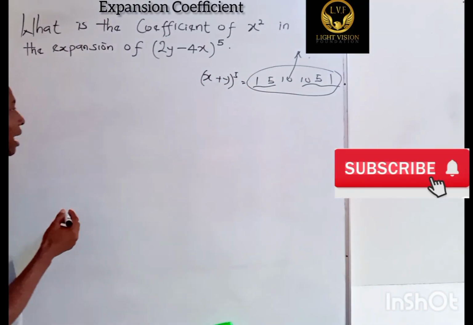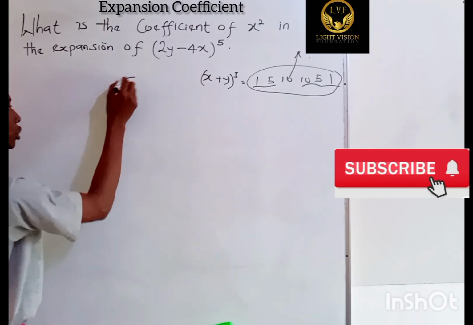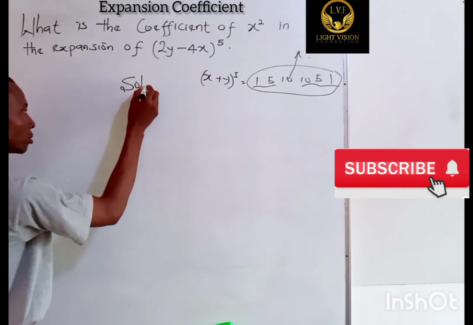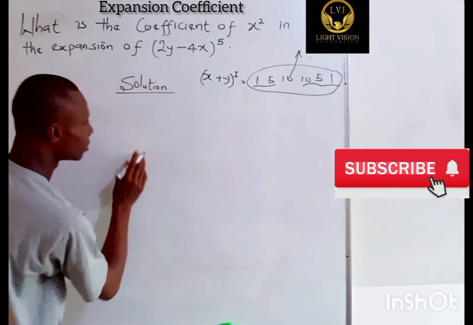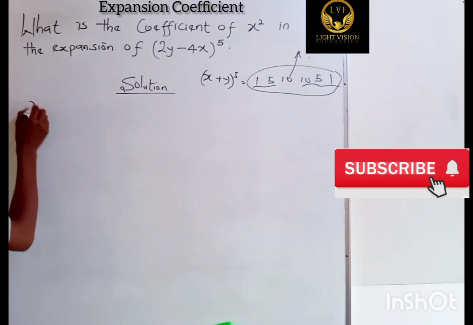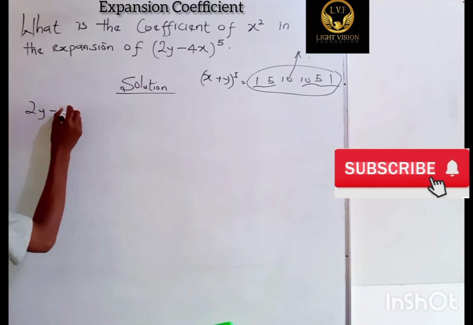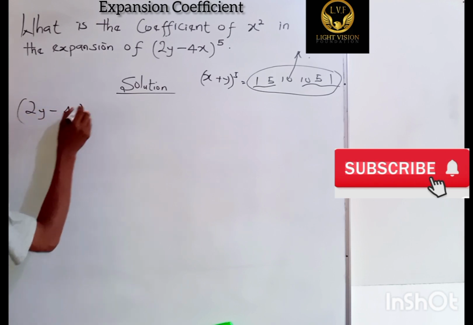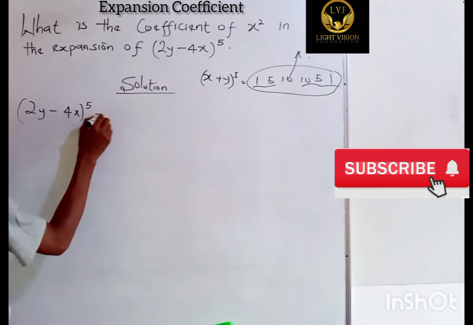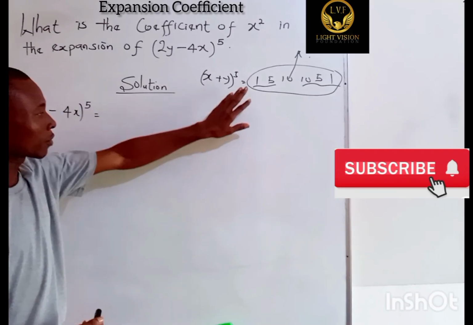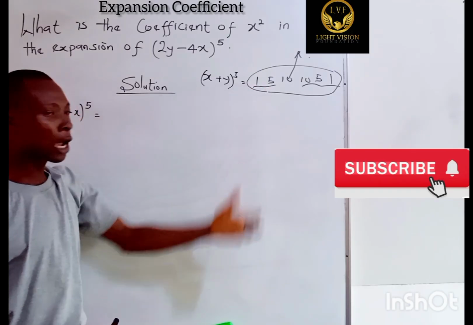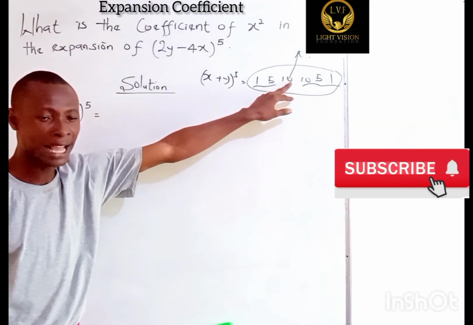So we come to that, which is to say solution. Here we have (2y − 4x) raised to the power of 5. So we start. Now you can decide to start from 1, 5, but we are only interested in the 10.